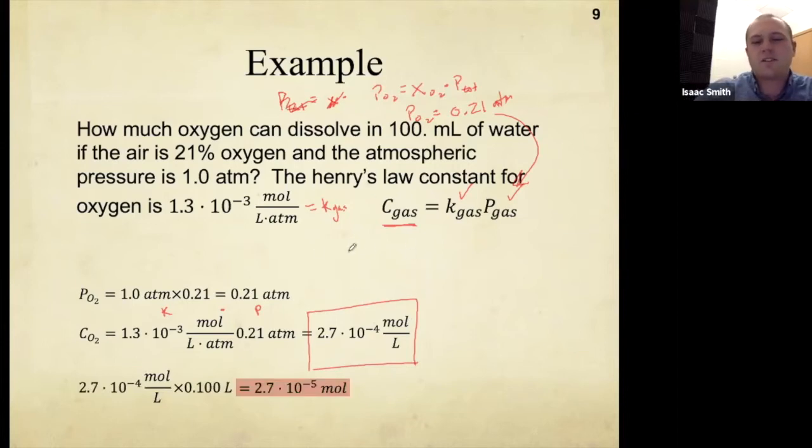That's the concentration, and the rest of the question asks how much oxygen can dissolve in 100 milliliters of water. We solved for C and got our answer in moles per liter, but we actually have 100 milliliters of water, not 1 liter. So if you multiply that concentration times 100 milliliters, or 0.1 liters, it tells you how many moles can dissolve in 100 milliliters of water.